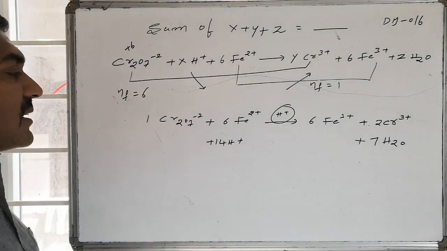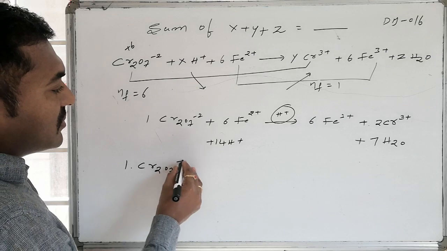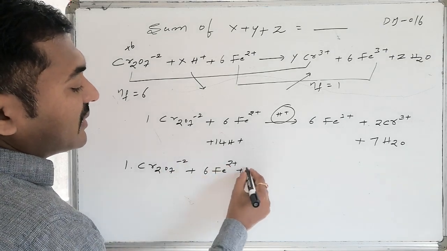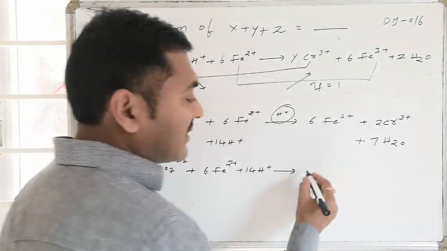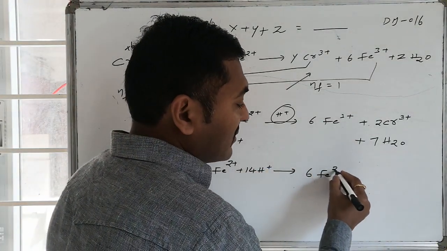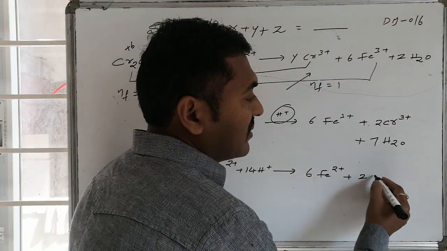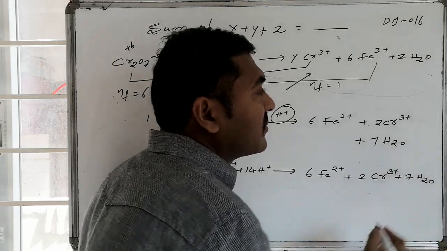Hence the total balanced equation appears as 1 unit of Cr2O7 2- plus 6 units of Fe2+ plus 14 units of H+ resulting in 6 units of Fe3+ plus 2 units of Cr3+ plus 7 units of water.